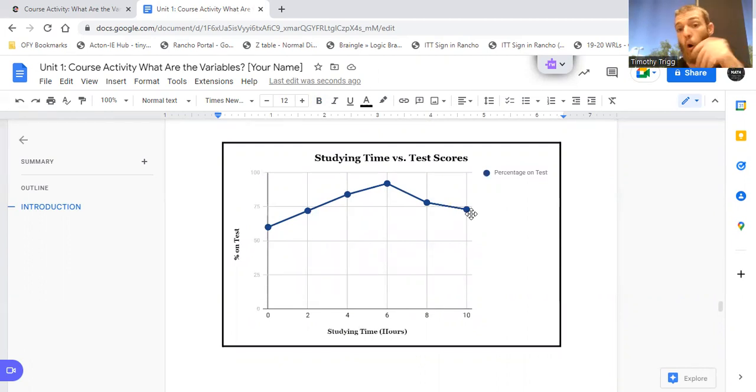Like if you stayed up all night studying, you're actually doing some harm, right? Because you're staying up all night, you're not getting sleep, which is in a lot of ways just as important as studying, right?